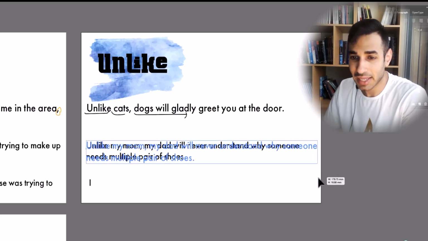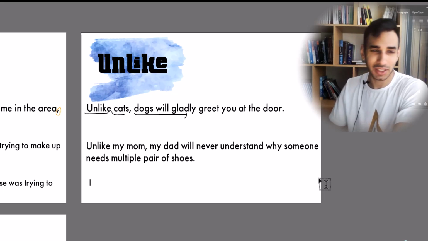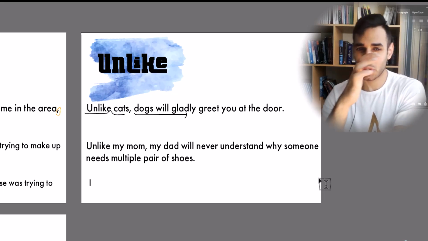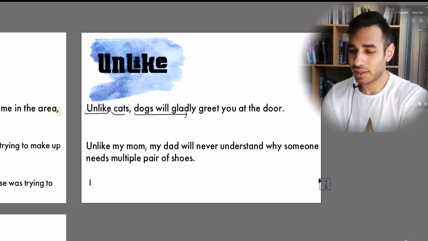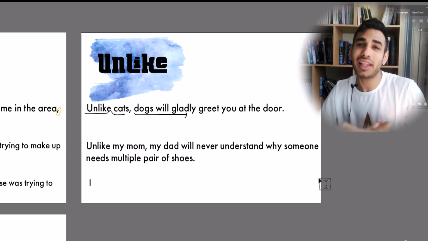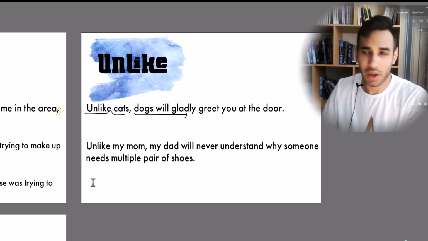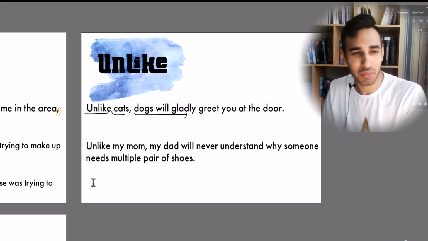Yet some dads will hit the ceiling. They become angry if the children buy so many pairs of shoes. They think it's a waste of money, while moms see it as a necessity to have multiple pairs of shoes.